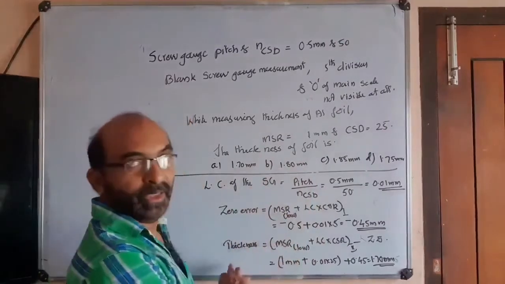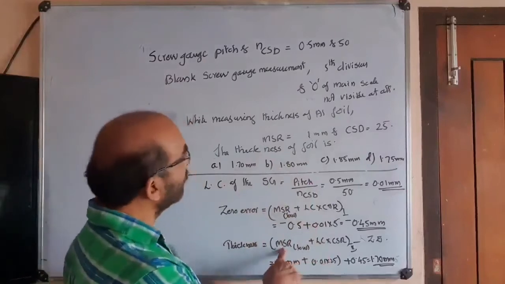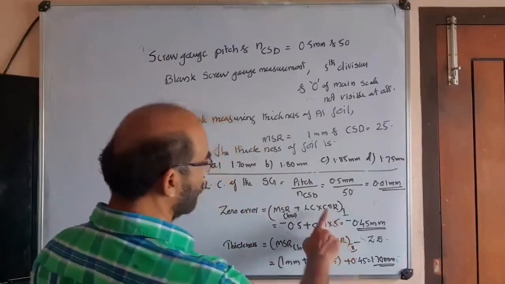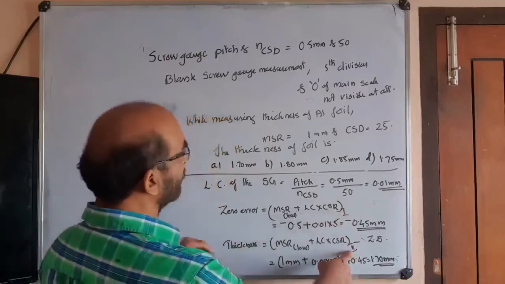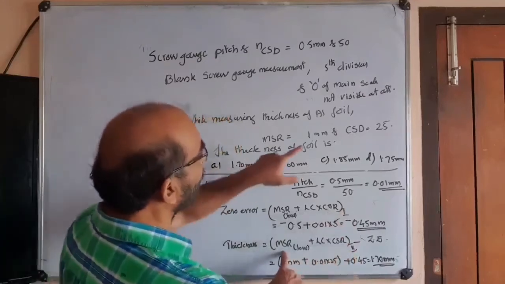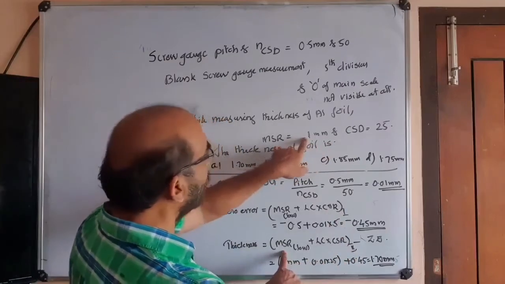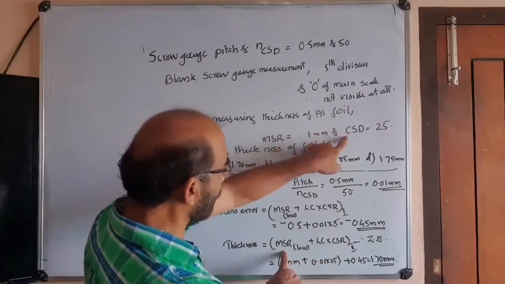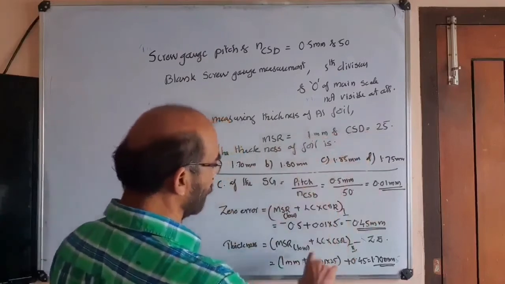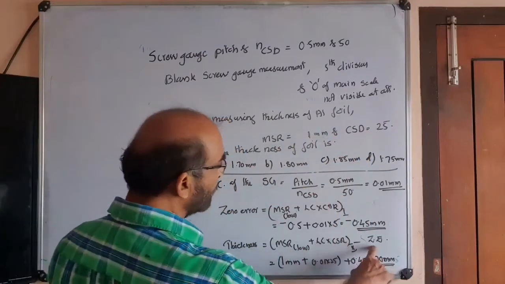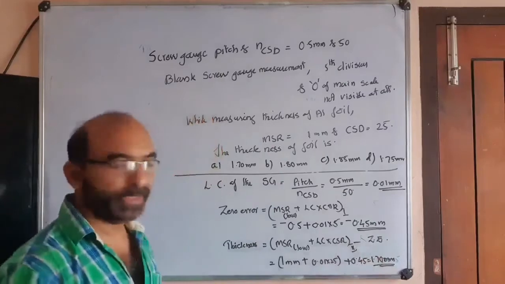Thickness. Third thing, thickness. Main scale reading, new main scale, Roman 2. This is Roman 1, Roman 2. Set of measurement for the second experiment. Second part of the experiment. Main scale reading 1 millimeter plus coinciding circular scale reading 25. Least count again the same value 0.01. So minus zero error. Zero error is always subtracted.